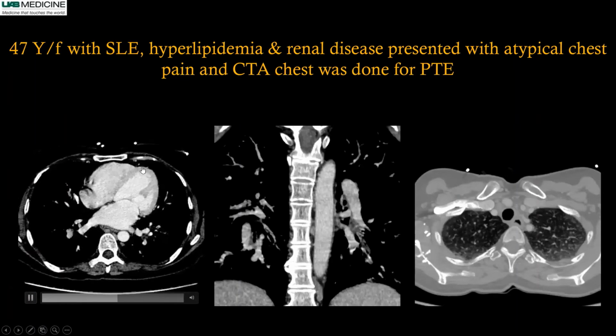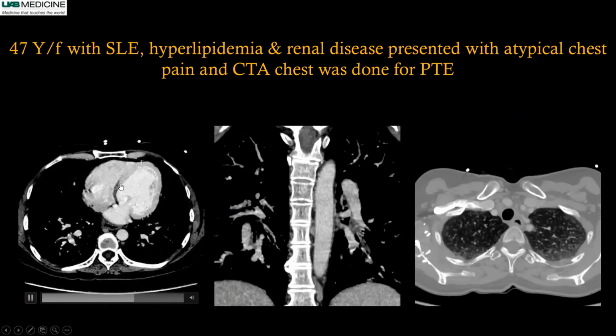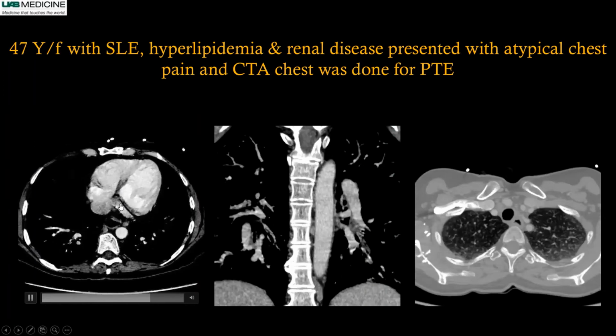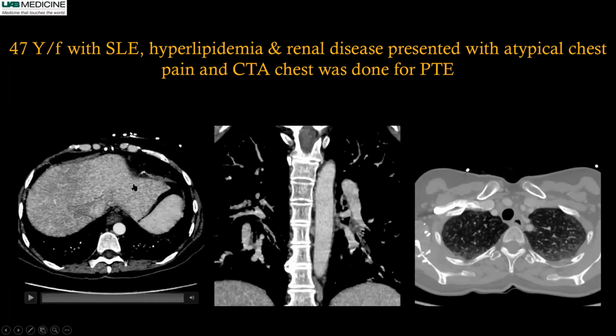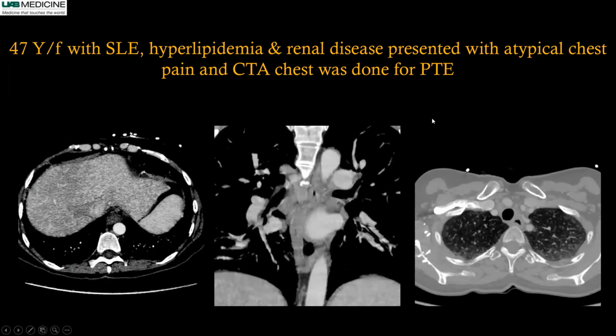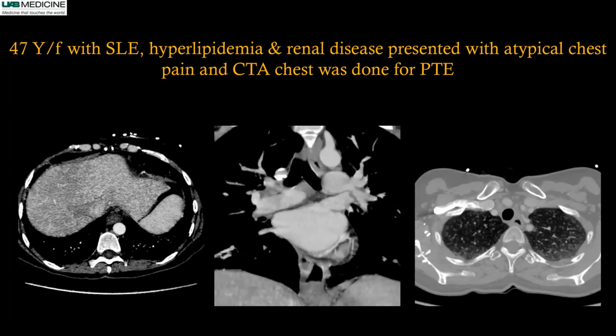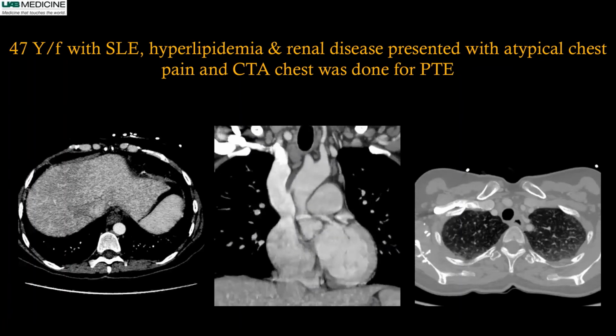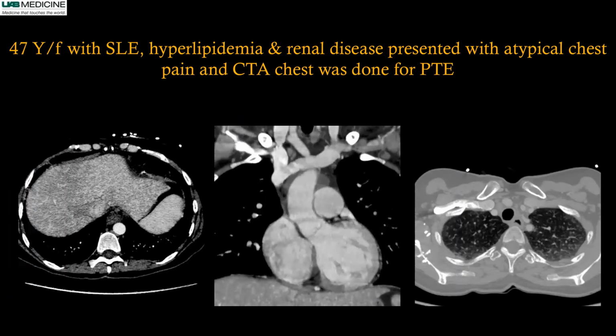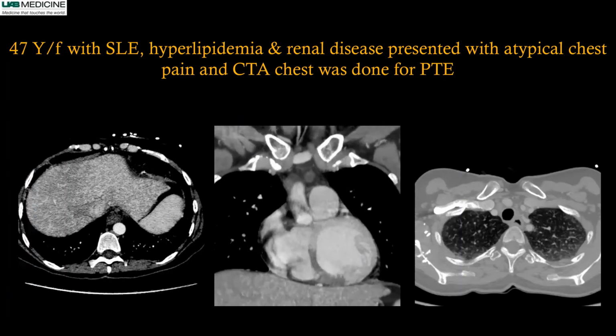This is a normal appearing myocardium, but as we go down, this myocardium is hypodense as compared to the rest of the myocardium. And the density of that myocardium is low and the thickness is maintained. That means this is an acute event. If it is a chronic myocardial ischemia or scarring, the thickness of the myocardium will be decreased.